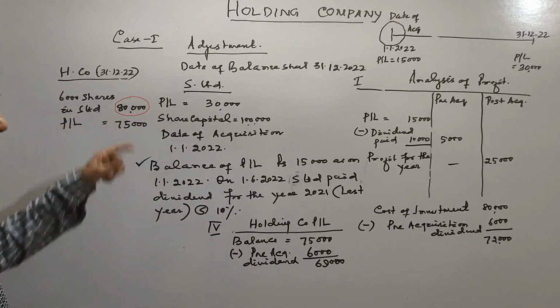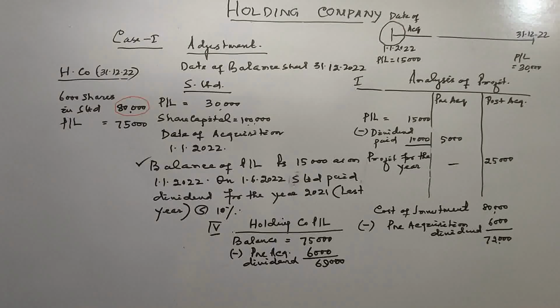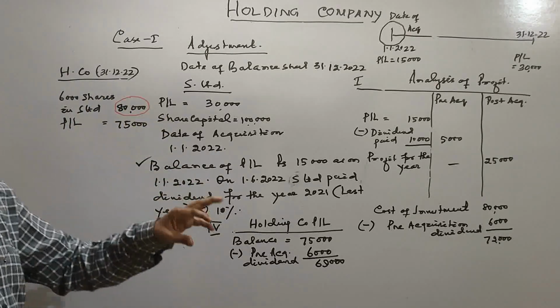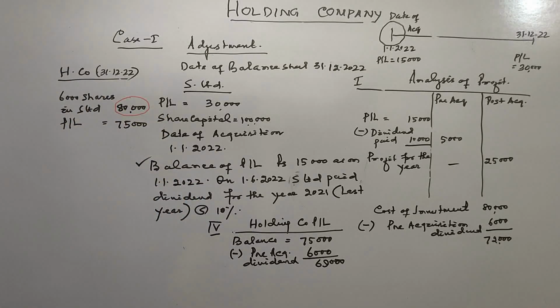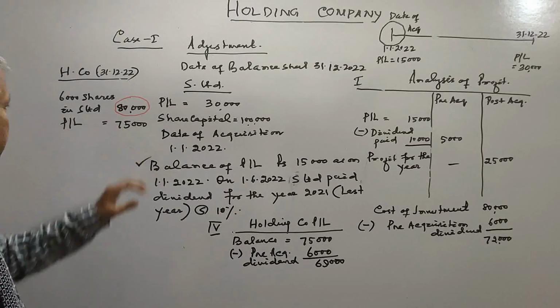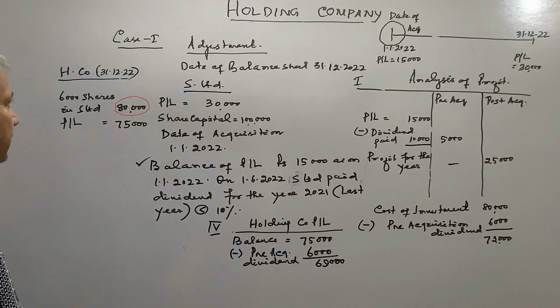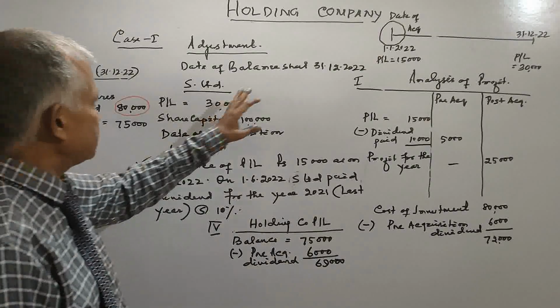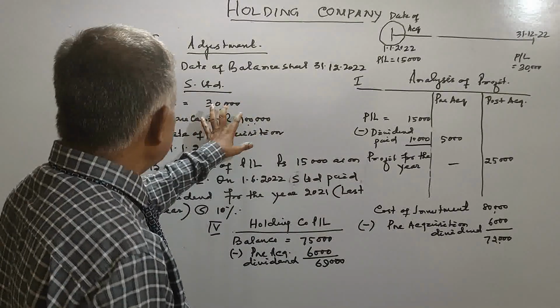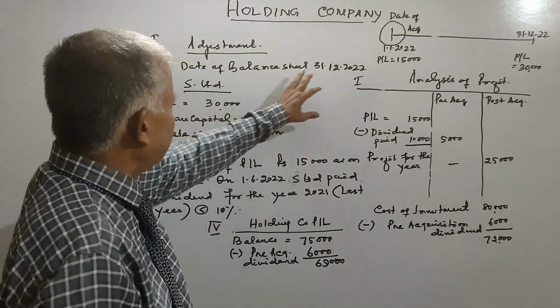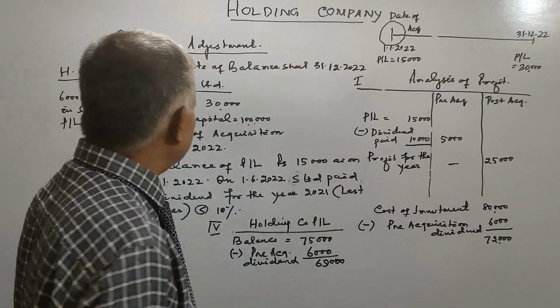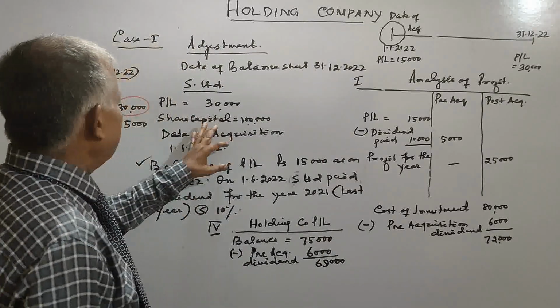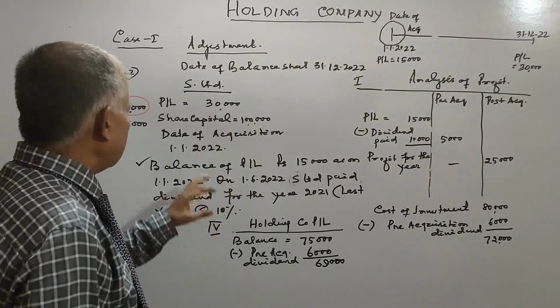You can find this type of figure in the holding company balance sheet assets, and PL is 75,000 of the holding company. In case of the subsidiary, PL is 30,000 as on 31/12/22, and share capital is 1 lakh.